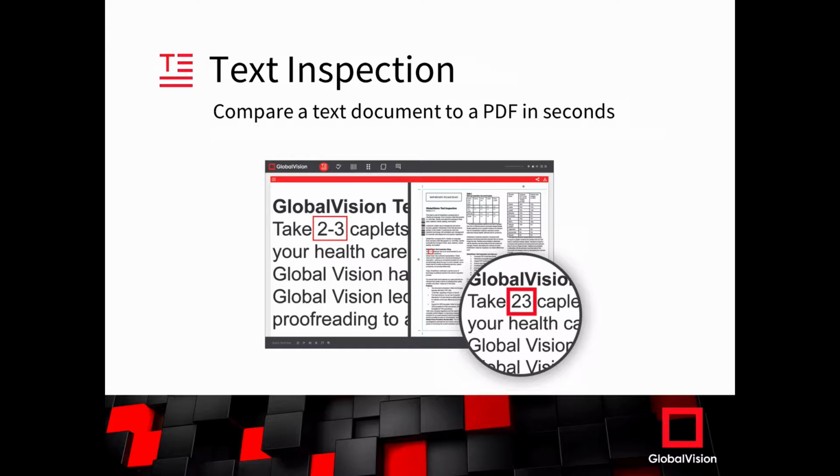But text inspection works differently. It works by comparing the values behind the letters. So it compares the UTF-8 value of your sample to the UTF-8 of your master. And because of this encoding, it is able to tell the differences really accurately, not depending on the visual look of the letter.